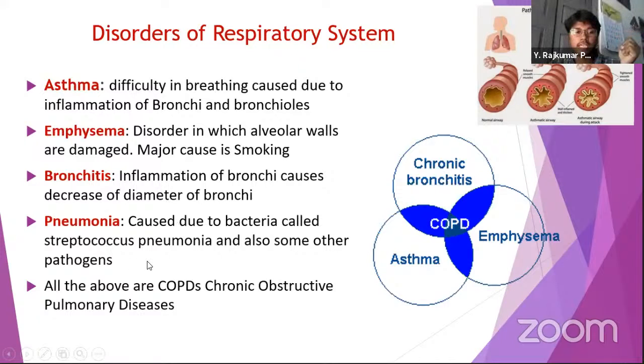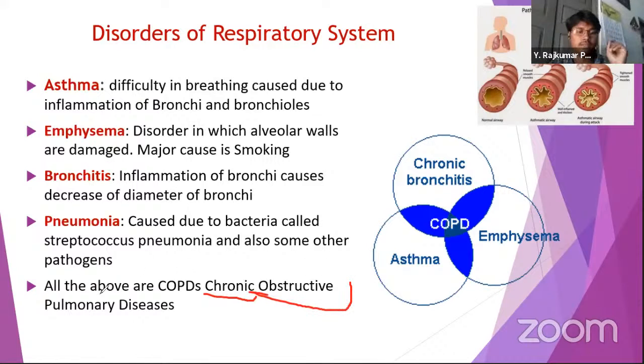Next, the above are all considered as COPDs. You can see COPD. That means chronic obstructive pulmonary diseases. Chronic means long term. Obstructive means they are stopping. What is it stopping?